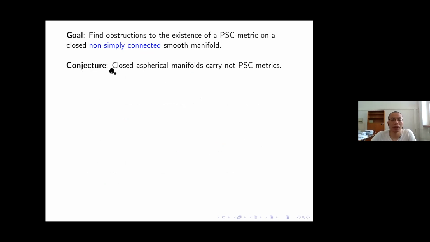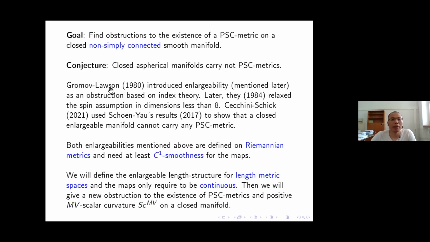Here is the well-known conjecture that closed aspherical manifolds carry no PSC metric. Gromov and Lawson introduced enlargeable manifolds as an obstruction based on index theory. Later, they related it to the spin assumption, but required the dimension to be less than 8. And Cecchini and Schick used Schoen and Yau's result to show that a closed enlargeable manifold cannot carry any PSC metric.